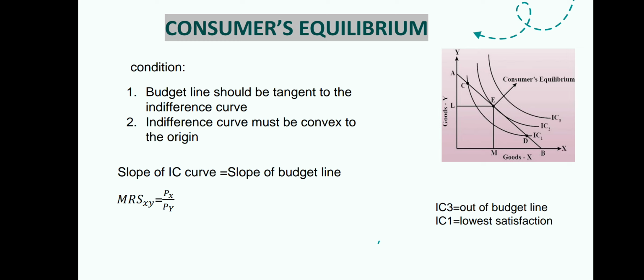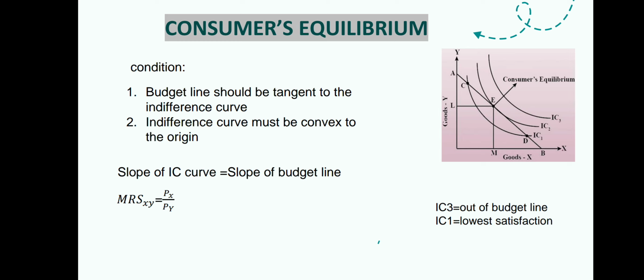Then we get IC3, which has no intersect or tangential point with the budget line. So IC3 is out of the budget line, so it's unattainable, whereas IC1 cuts the budget line AB at different points, so it gives a lower level of satisfaction.